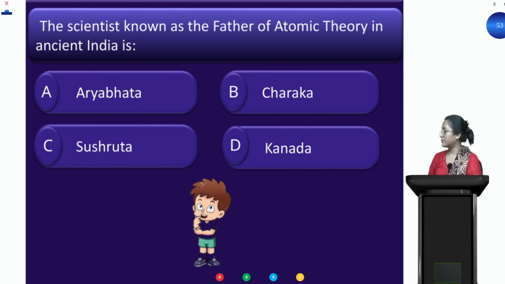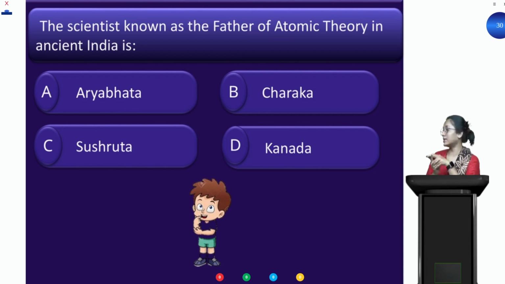I am telling you the question again. The scientist known as the father of atomic theory in ancient India is, which one is it? Is it Aryabhatta, Charaka, option C Sushruta or option D Kannada?